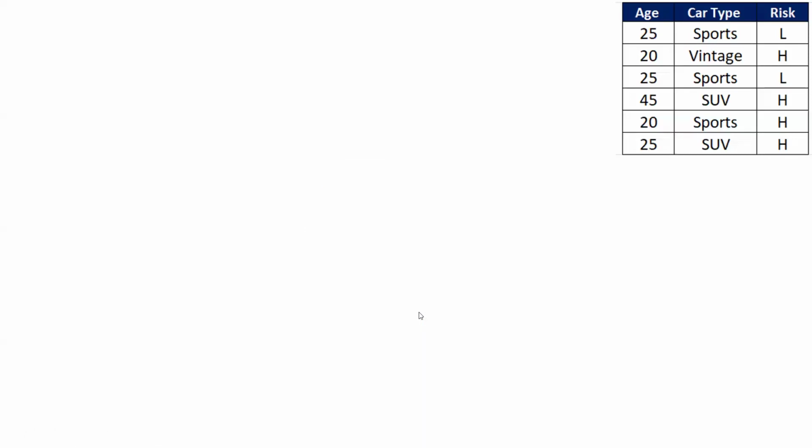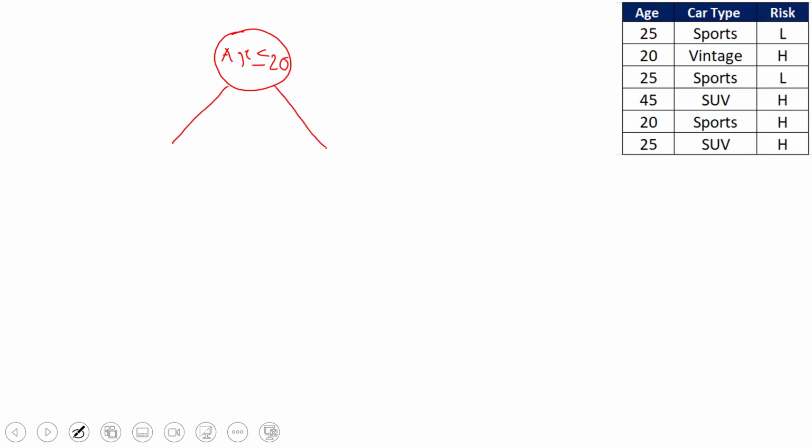Let's take this example. If I'm taking this node, age is less than or equal to 20, this is one of the nodes, right? I will get 2 other nodes. I'm numbering the values that fall under this node 1, 2, 3, 4, 5, 6.